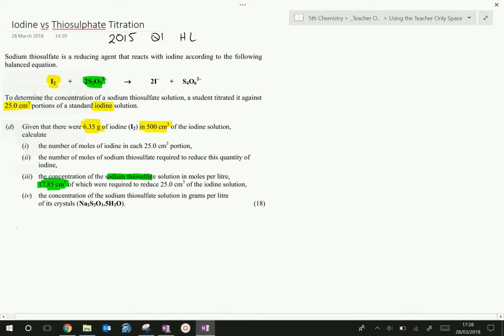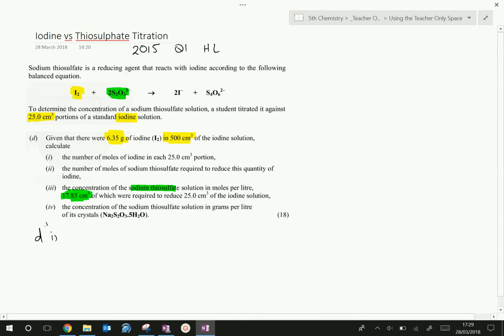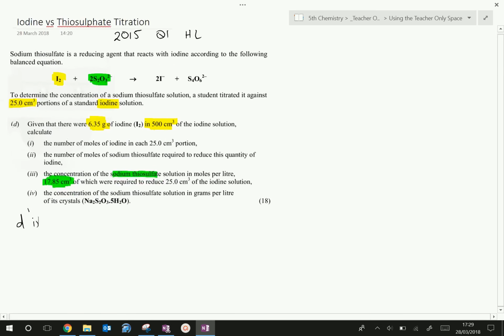So we're going to begin with D part 1, and given that there were 6.35 grams of iodine in 500 mils of the iodine solution, calculate the number of moles of iodine in each 25 ml portion. So what I want is moles per 25 mils of iodine.